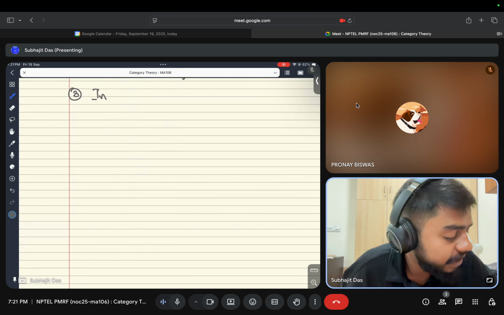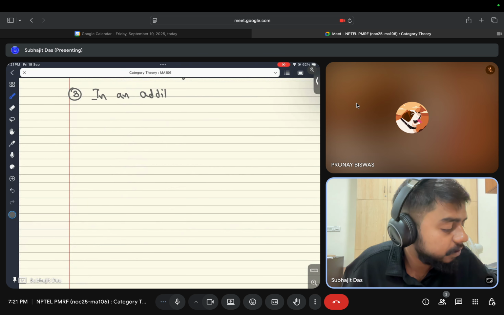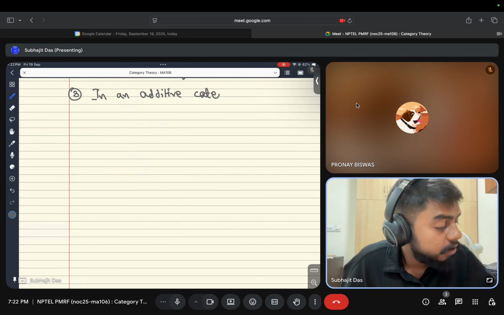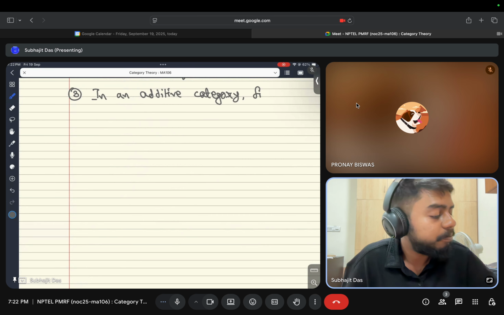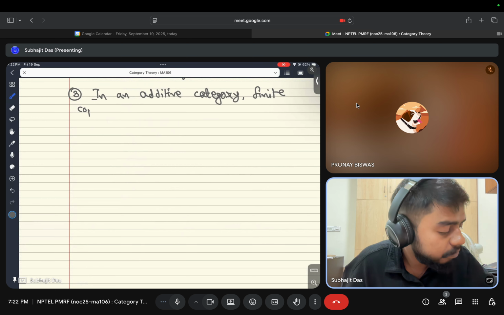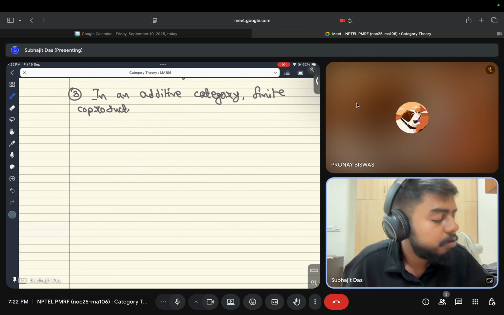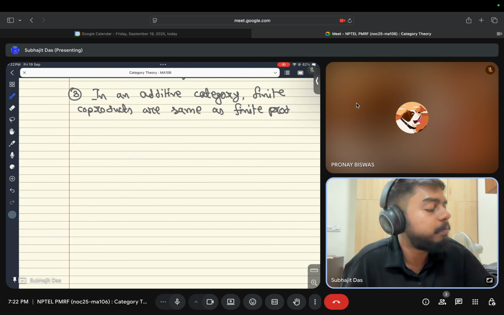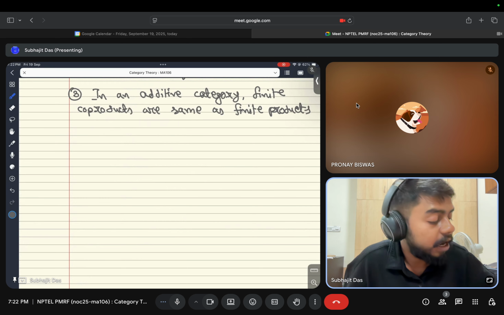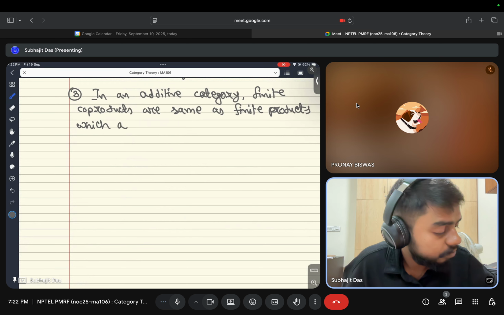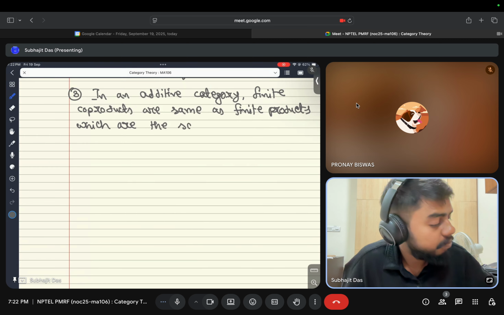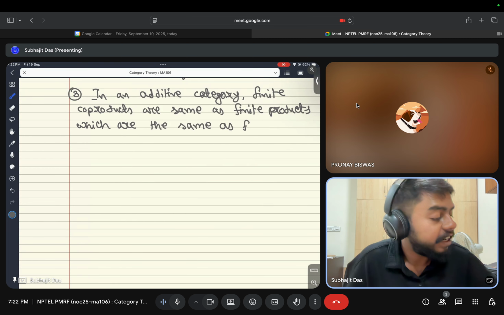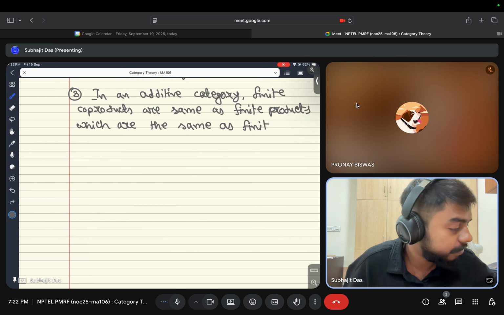So I'll just mention that in an additive category, finite coproducts are the same as, isomorphic to, finite products of the same objects, which are the same as finite byproducts, or rather byproducts.